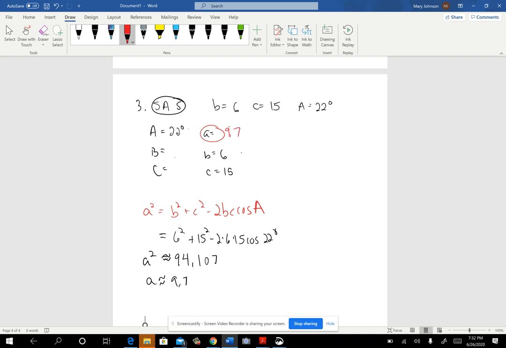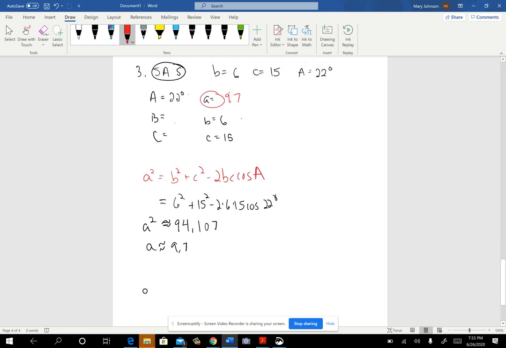Okay. All right, now, what can be an issue is this. Let's say that you wind up going in and looking for C next, okay? So let's say you just decide to set up the law of sines and find angle C. So what you would do is you would do sine C over 15 equals the sine of 22 over 9.7, okay?